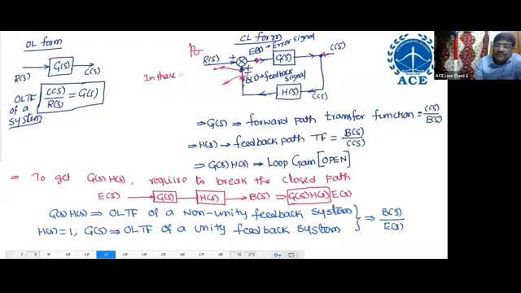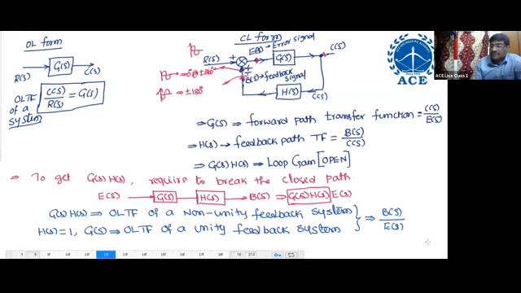In phase with input means the feedback signal has 0 degrees phase shift, or plus or minus 360 degrees. Whereas for negative feedback, it is out of phase. For negative feedback, the feedback signal has 180 degrees phase shift, plus or minus 180 degrees.